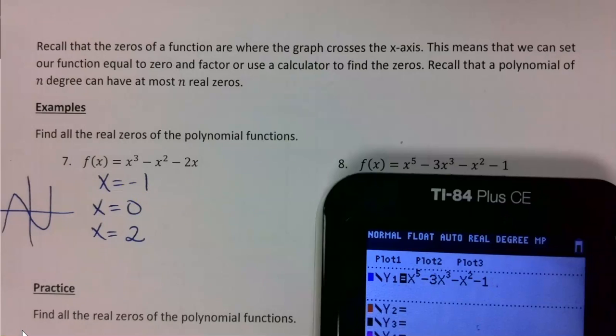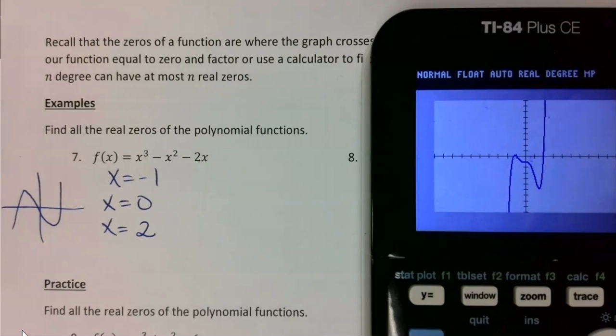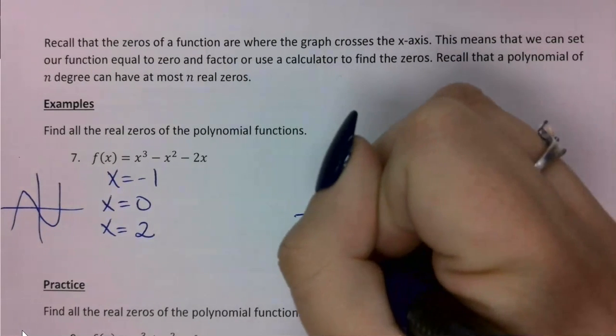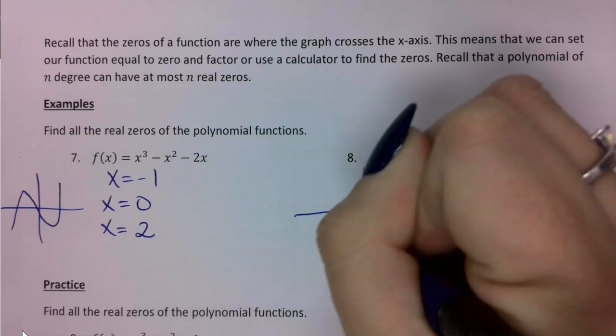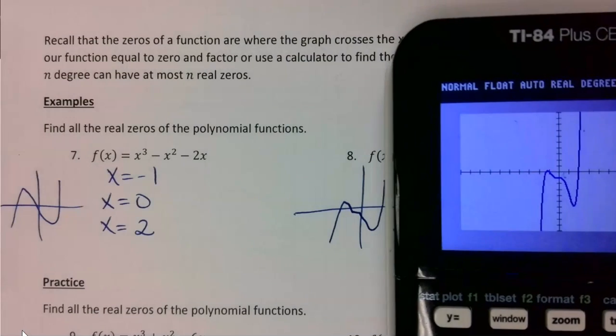Okay, then I want to graph this one. So it's kind of hard to see, but it looks kind of like this. So it's actually crossing 3 times. I can zoom in if I want to see it closer.